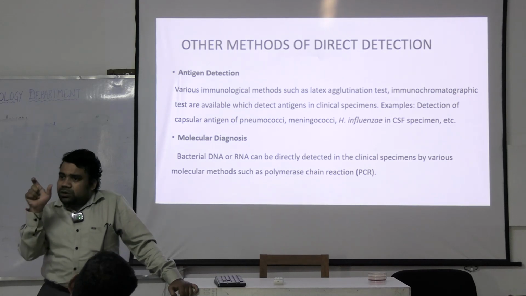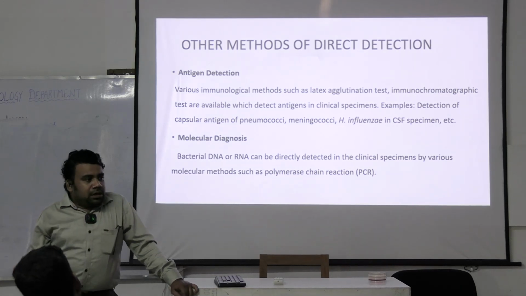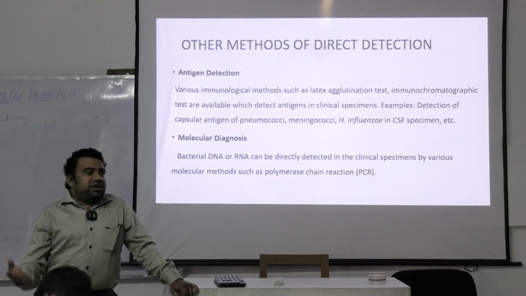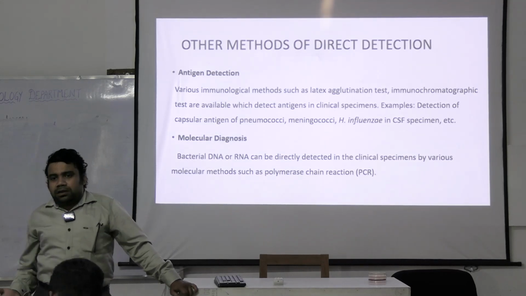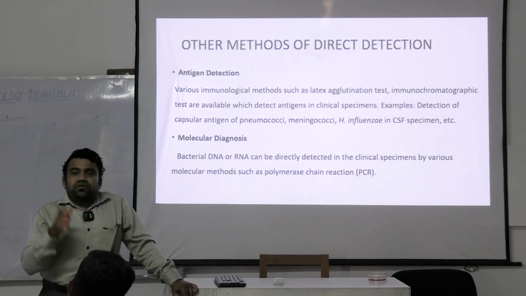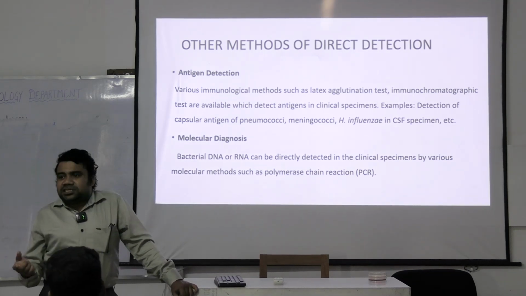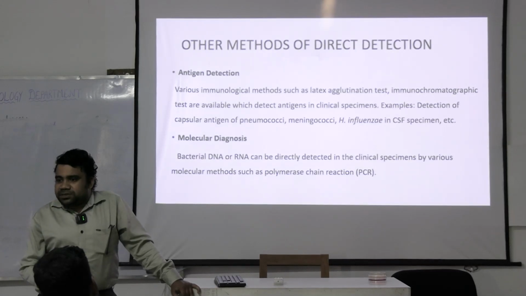We look for particular segments of either DNA or RNA depending on what type of nucleic acid the pathogen has. For example, a virus may have either DNA or RNA, a bacteria will have DNA. We look for specific sets of bacterial DNA. Now, if this DNA is present, that means the bacteria is present.